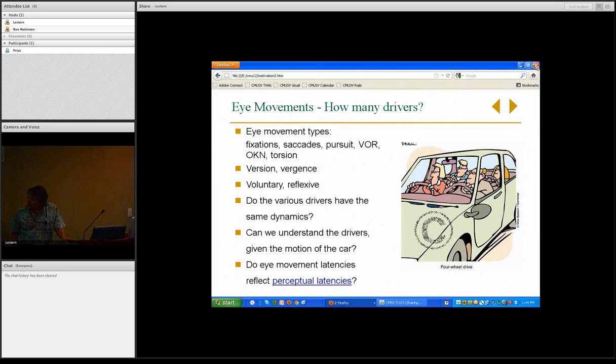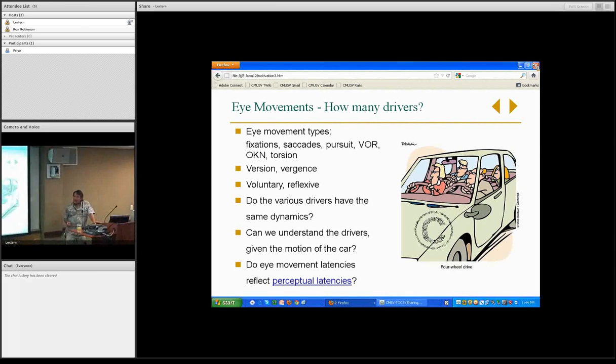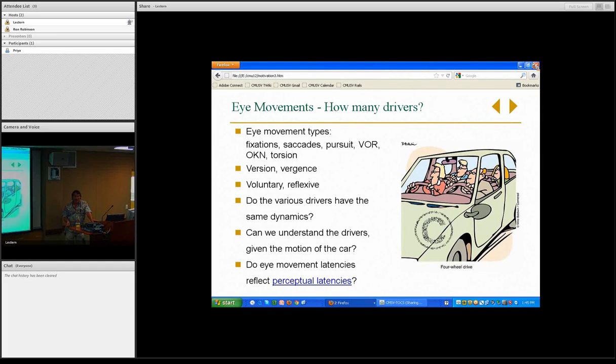Two main classes of eye movements are version and vergence. Version is when the two eyes move together, which is mostly what we do when we're looking around. Vergence is when they move in opposite directions. Horizontal vergence is commonly used when we look at things at different depths, and you can do that voluntarily.